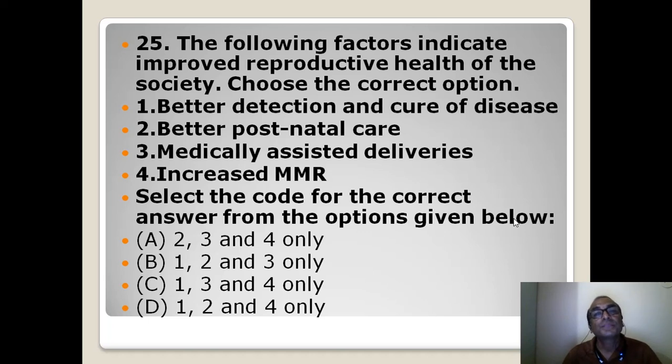Fourth, increased MMR. What is that? That is maternal mortality rate. So increased maternal mortality rate is not at all connected with improved reproductive health, right? Because it is a negative point here.